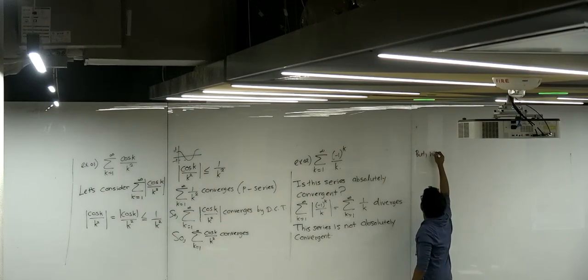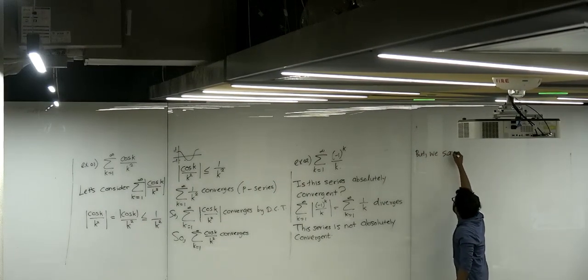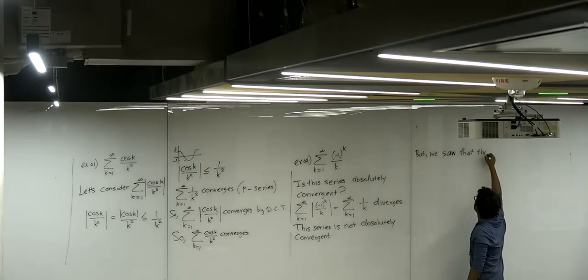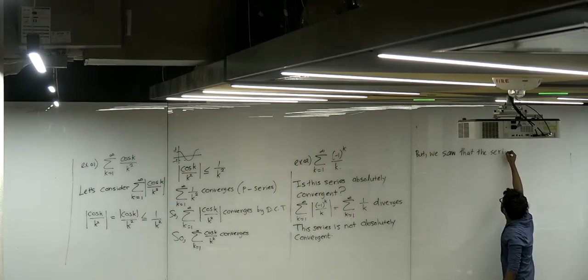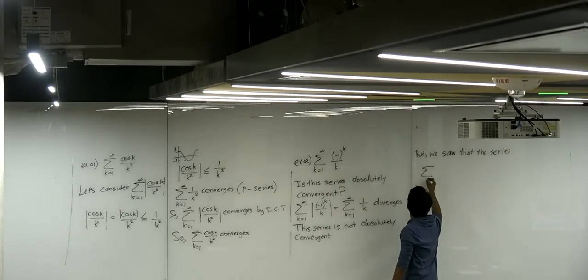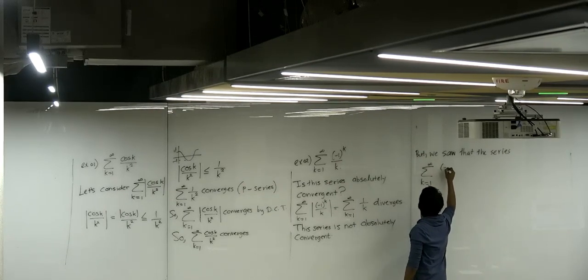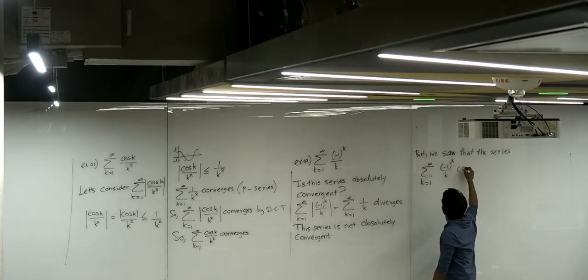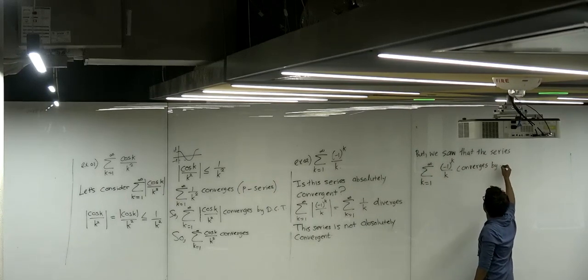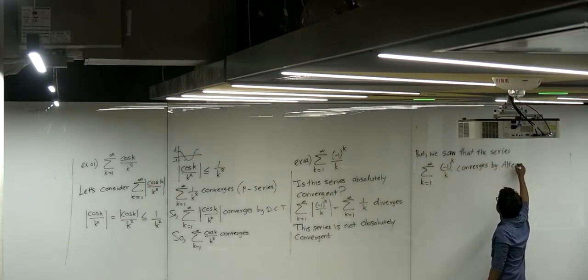But we saw that the series defined by the summation k goes from 1 to infinity of negative 1 to the power k divided by k converges by the alternating series test.